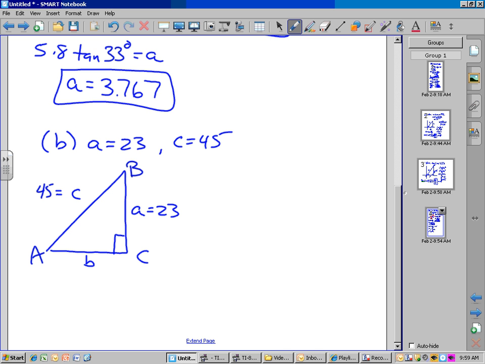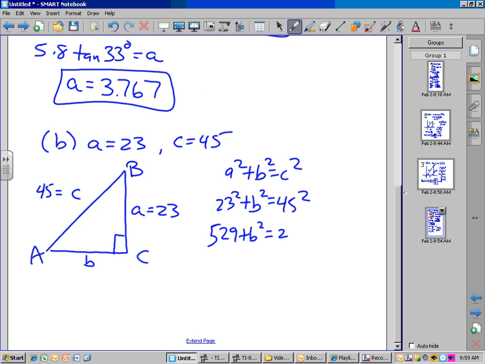We have two of the sides. We can still find something immediately. Little b. Pythagorean theorem. 23 squared is 529. 45 squared is 2025.